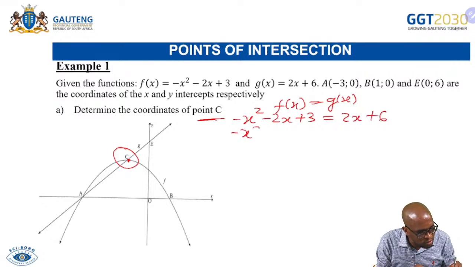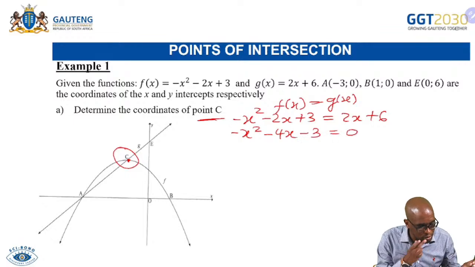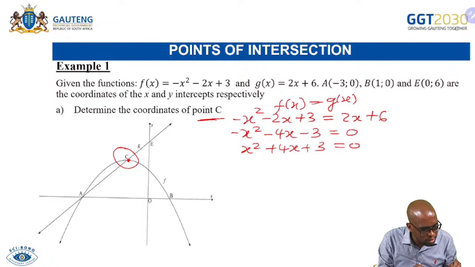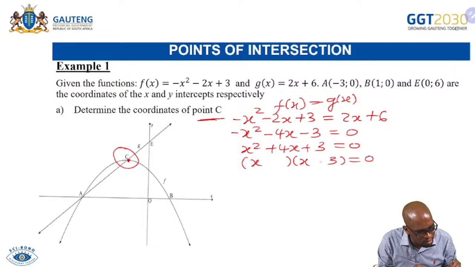Transposing, we get minus x squared minus 4x minus 3 is equal to 0. If you divide by negative, x squared plus 4x plus 3 equals 0. Working that out, we find that the factors of 3 are 3 and 1, both of them positive.